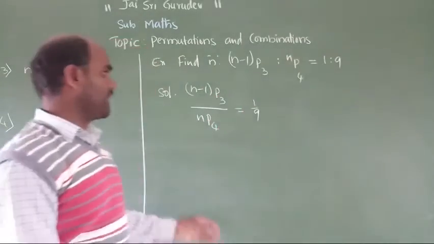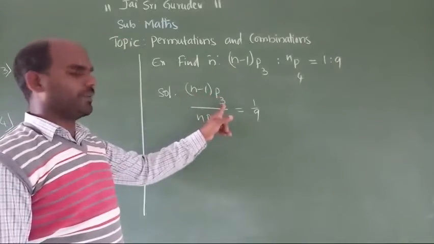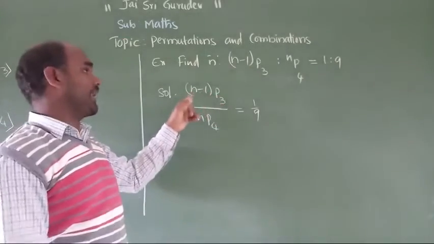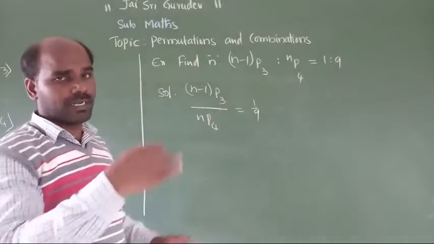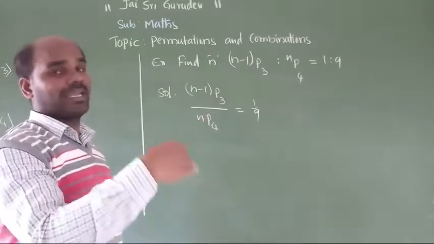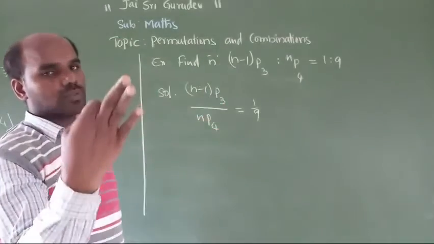Here n minus 1 P 3 starts from n minus 1. How many numbers do we write? 3 numbers only.